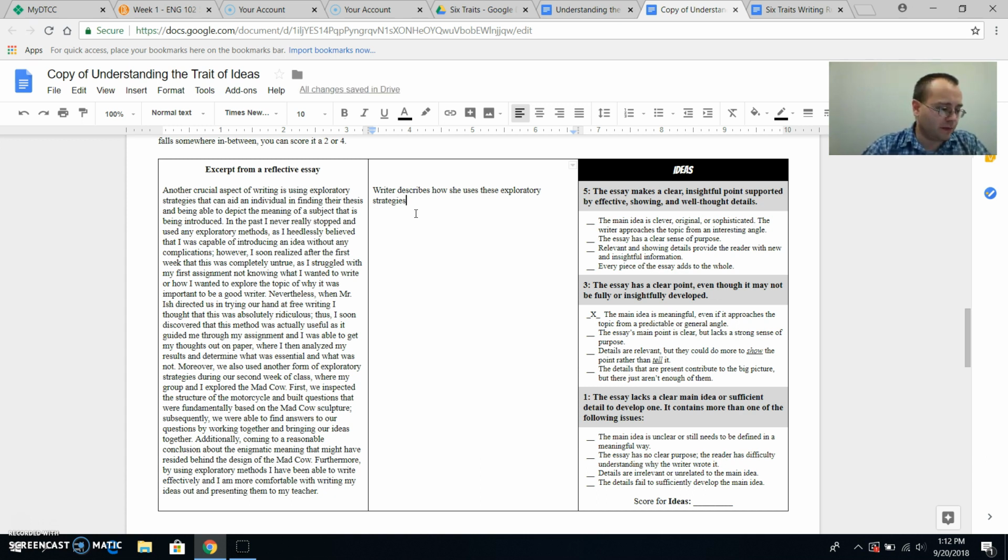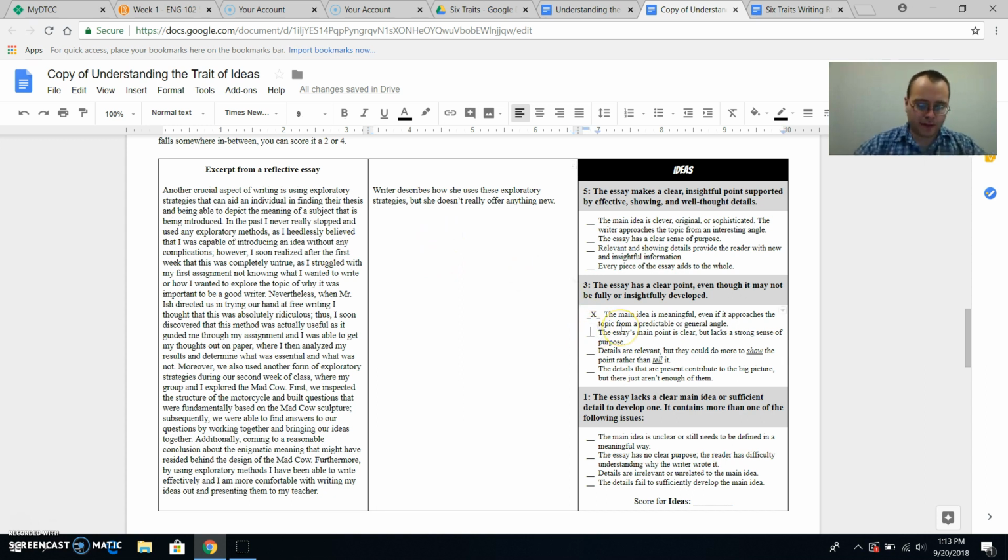So it's clearly reflection, but she doesn't really offer anything new about the experience. So she's reflecting on her experience, but not really coming at it from an interesting angle or giving me anything new. So that's why it's a meaningful topic, but it's generally predictable.